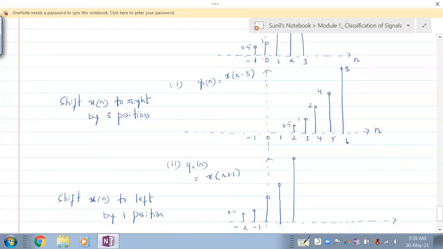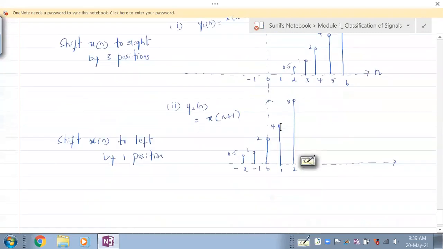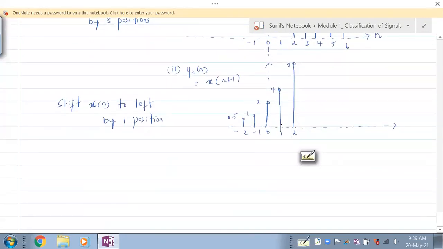So 0.5, 1, 2, 4, 8. So this is x of n plus 1. The one which was ranging from -1 to 3, after we shift it to the left by one position, would range from -2 to +2. So the first two are quite simple ones.